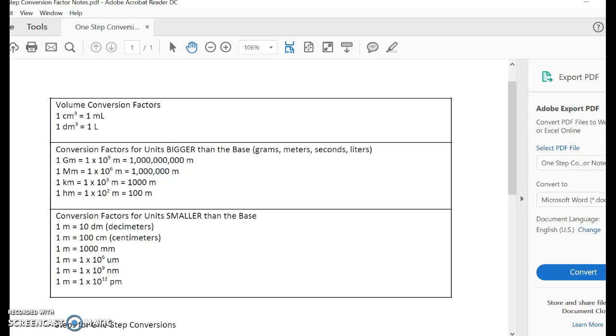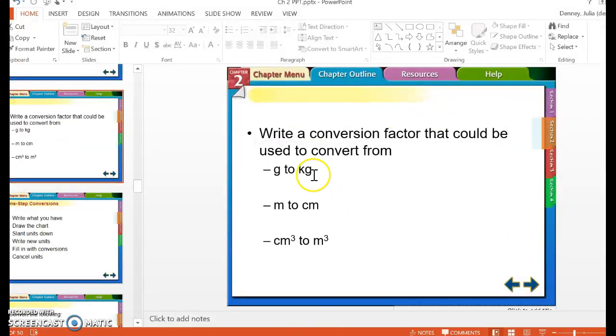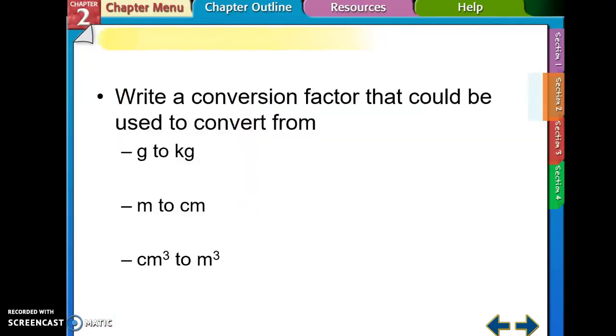So I go over here, I look, I see 1 kilometer is equal to 1 times 10 to the third meters, or 1,000 meters. So the way that I would write the conversion factor right here for grams to kilograms is I would write it as I have 1,000 grams for every 1 kilogram.